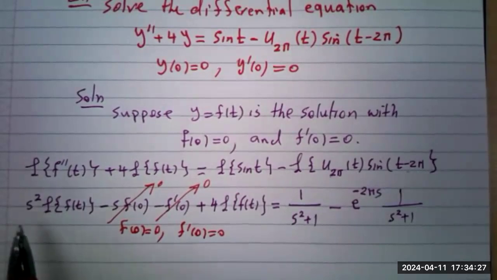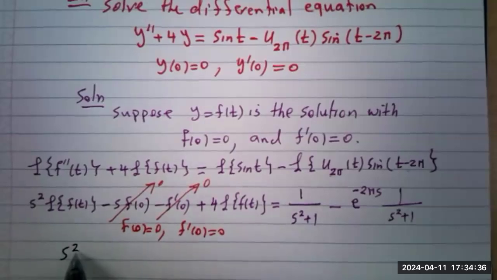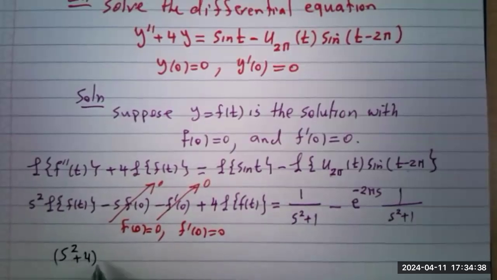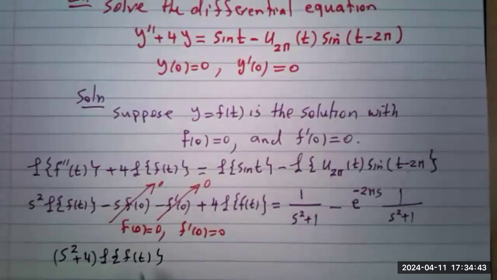Okay, so for the leftover, we usually factor out. So you factor out that Laplace of f of t. It will give you s squared plus 4 Laplace of f of t. There is no leftover. You go to the other side.